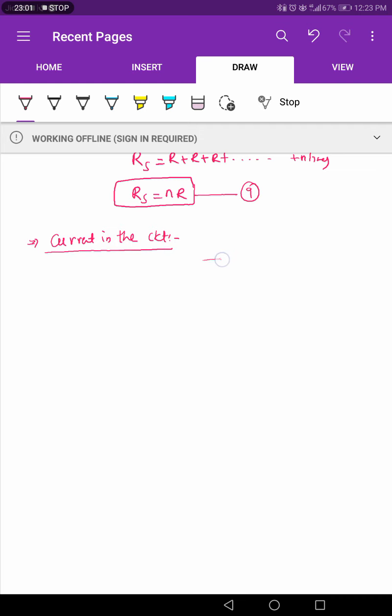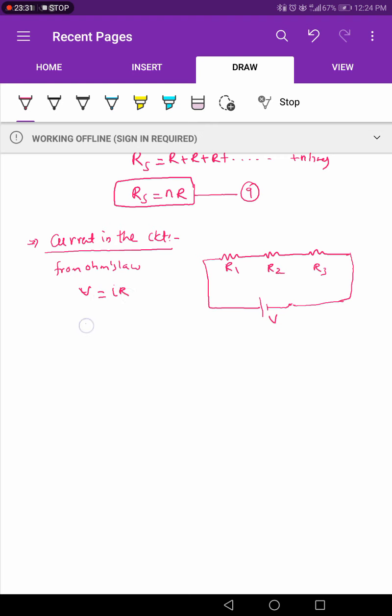What we have connected, 3 resistors R1, R2, R3 to a cell of potential difference V. So we know the current formula from Ohm's law, V is equal to IR, then I is equal to V by R we can write.